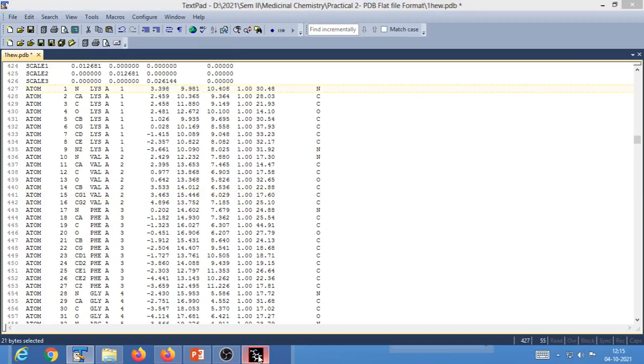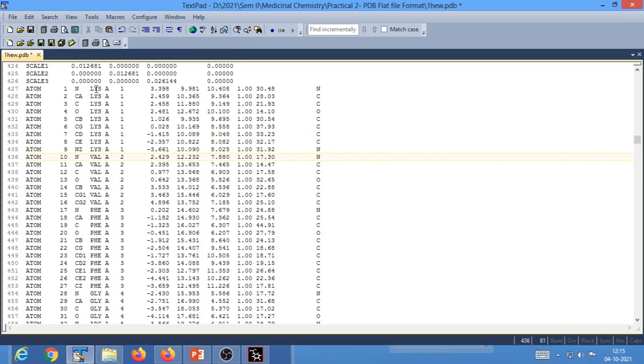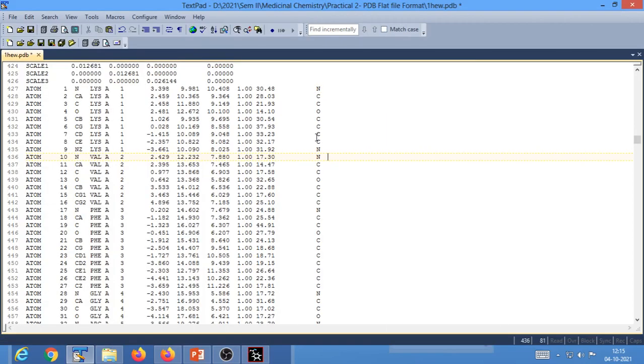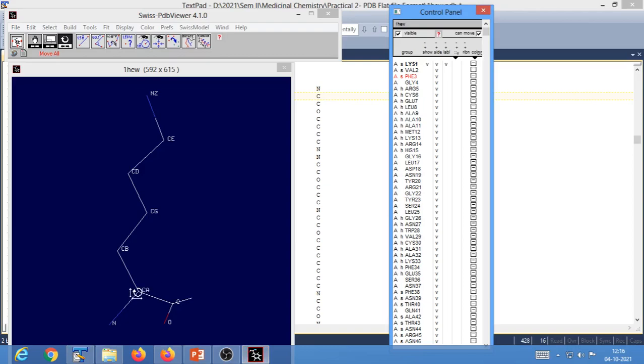In this way it reads the first line that corresponds to nitrogen, reads its three coordinates, and according to them places a blue dot over here. Then it moves on to the next line that corresponds to the C alpha carbon atom, reads its x, y, and z coordinates, places a white dot over here, and then joins the blue dot to the white dot.